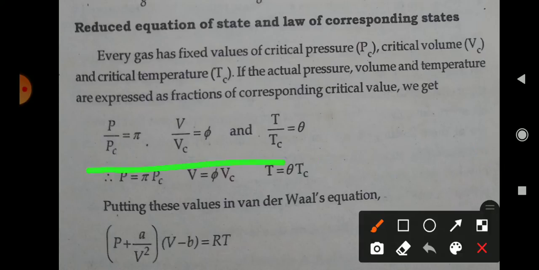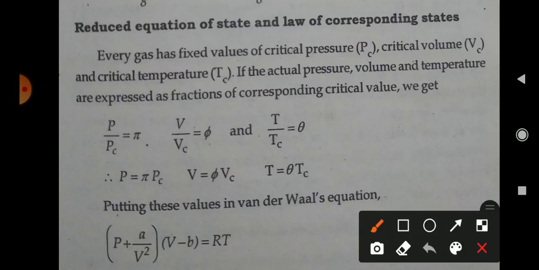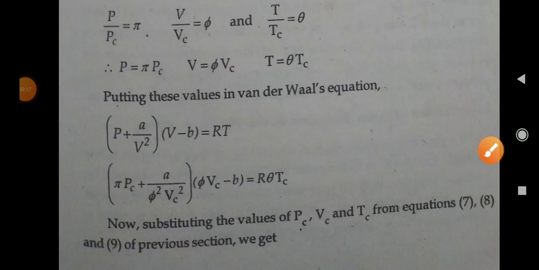P by PC is equal to pi, V by VC is equal to phi, and T by TC is equal to theta. Therefore P is equal to pi PC, V is equal to phi VC, and T is equal to theta TC.